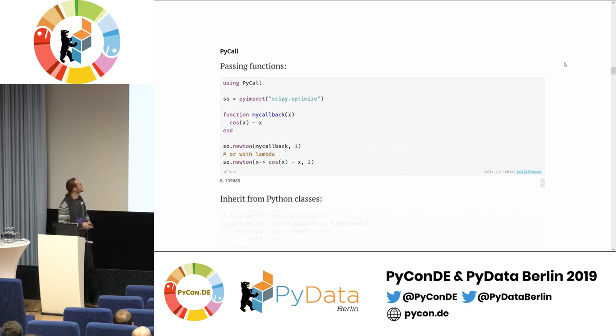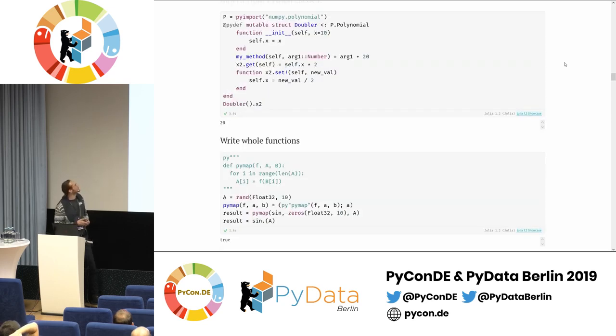So what can you do? By using PyCall, you can just import any installed Python package. You can define Julia callbacks and just feed them into a Python function. Here, this is just another syntax in Julia to have a short form of a callback. And this works just like passing a C function to Python, so it will have a similar performance.